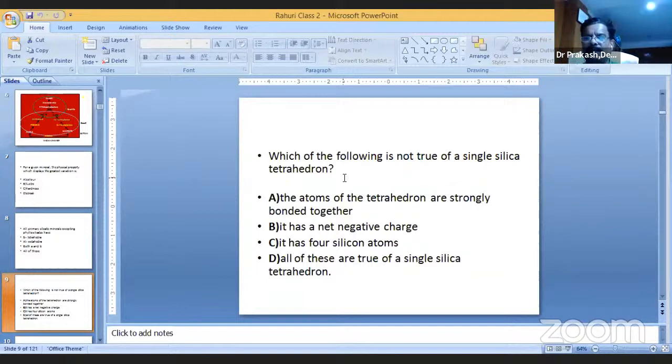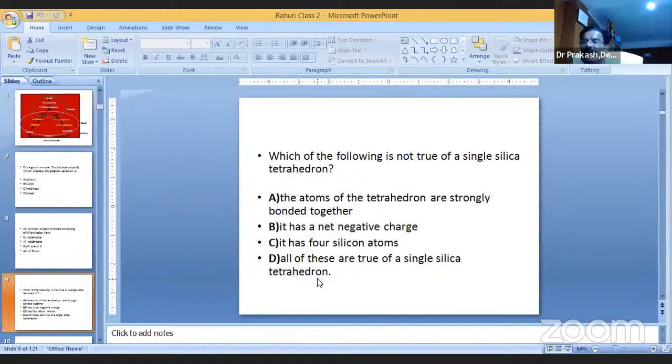But I have framed this question specifically to tell you there is a wrong statement in these multiple choices. The last one also, you can see all of these are true of a single silica tetrahedron. When the third one is not correct, how can it be? So it's not suiting, right?